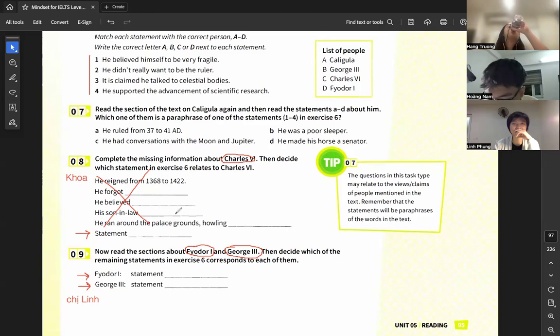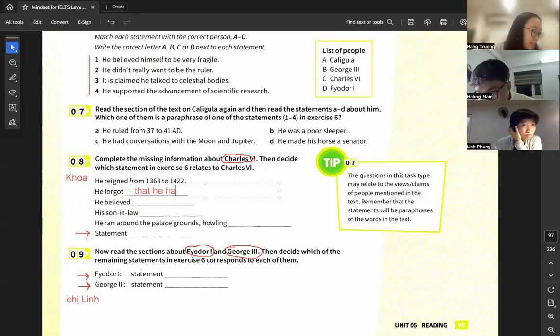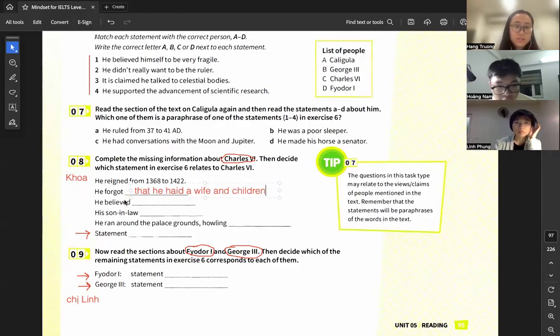The first that he forgot that he had a wife and children. Đúng rồi. He forgot that he had a wife and children. Đúng rồi. Just take the information from the text. He believed that he was made of glass. Đúng rồi.